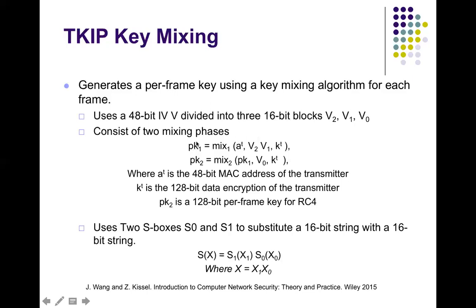So you generate PK1, you first mix this up, then you put PK1 in there, you mix them up, and PK2 is the 128-bit per frame key, rather than a simple per frame key in WEP, which is V concatenated with K, where K is a pre-shared WEP key. So this is a lot more sophisticated.